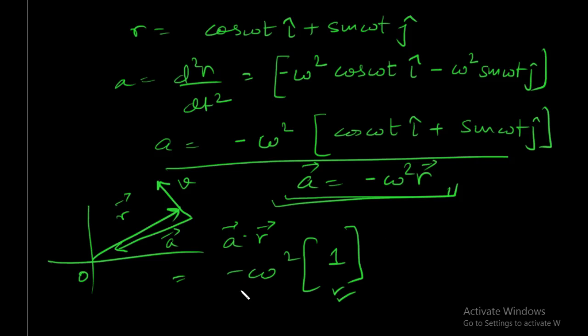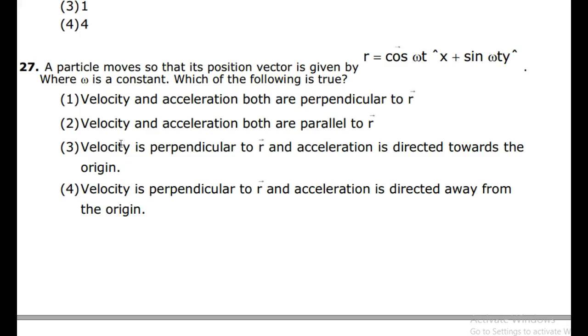So we see a dot r is minus omega square, a constant value. This means a is anti-parallel to r. So a is directed towards the origin and velocity is perpendicular to r. This is our answer, as I told you. So option 3 is our answer.